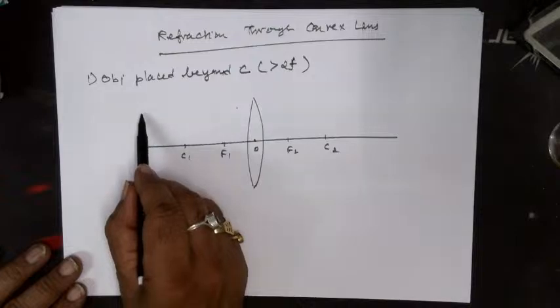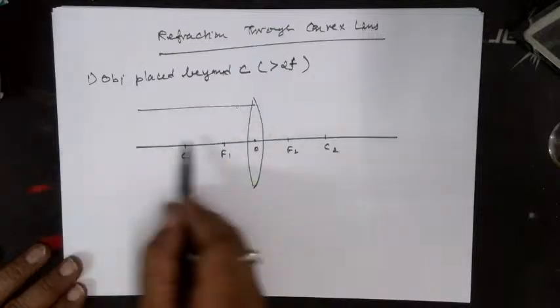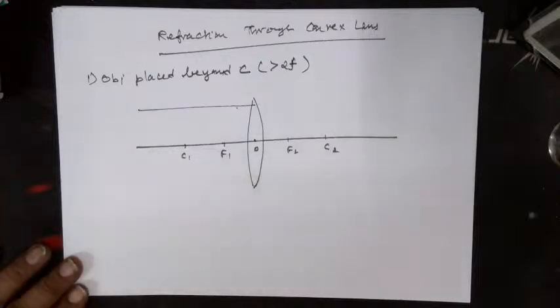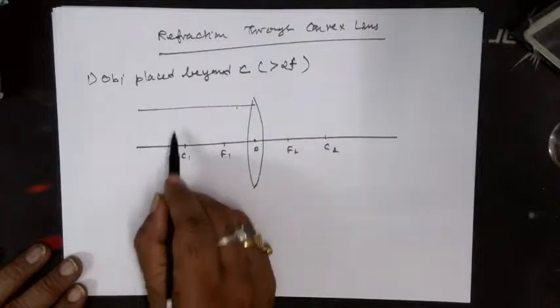Now let us draw from infinity, means beyond 2f, that is C. From infinity means much beyond. So we are discussing just object placed beyond C.